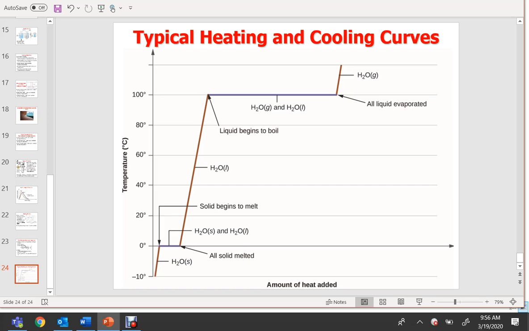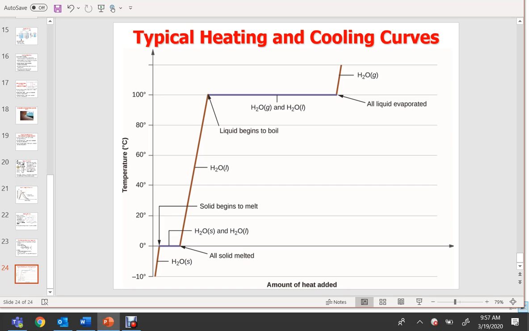Before its temperature reaches 0 Celsius degree, the ice is still solid ice, still in solid phase. When the temperature reaches 0 Celsius degree for the first time, the solid begins to melt. Then there's a mixture of solid ice and liquid water.